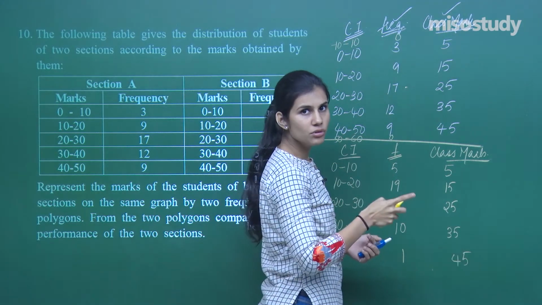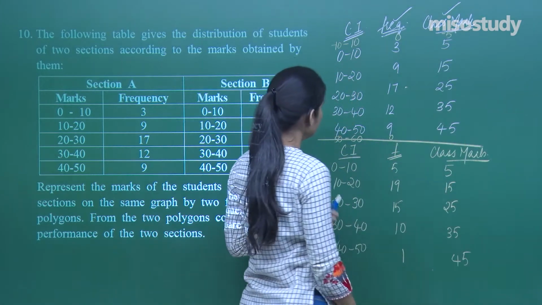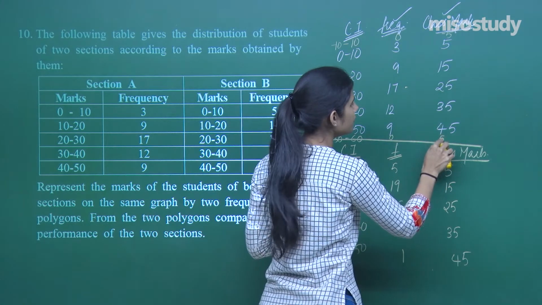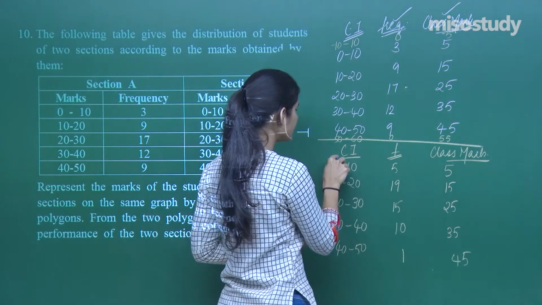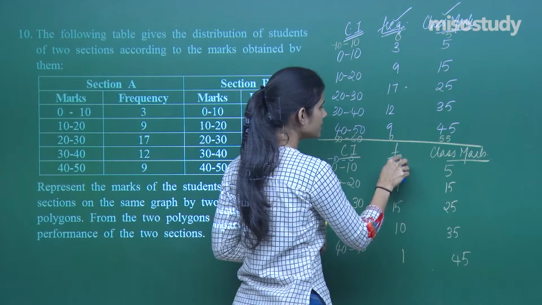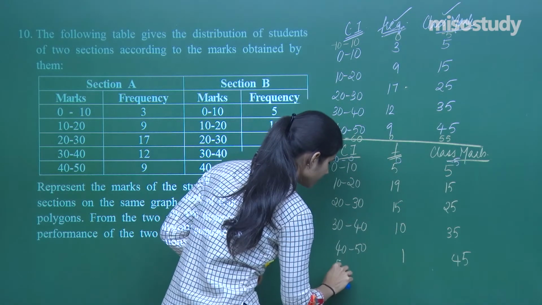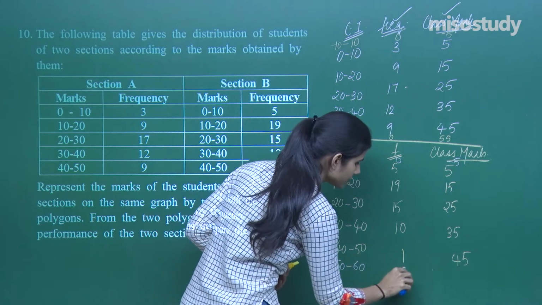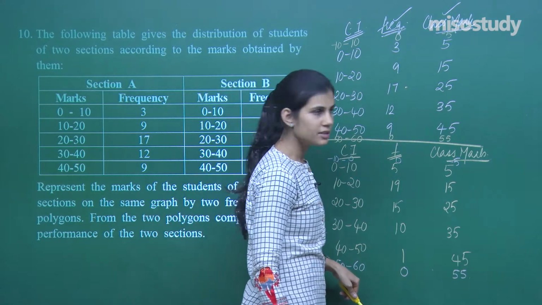From -10 to 0, it will be -5, and 50 to 60, it will be 55. Similarly, here also I will be adding -10 to 0, frequency 0, class mark -5. Here I will be adding 50 to 60, frequency 0, class mark 55.